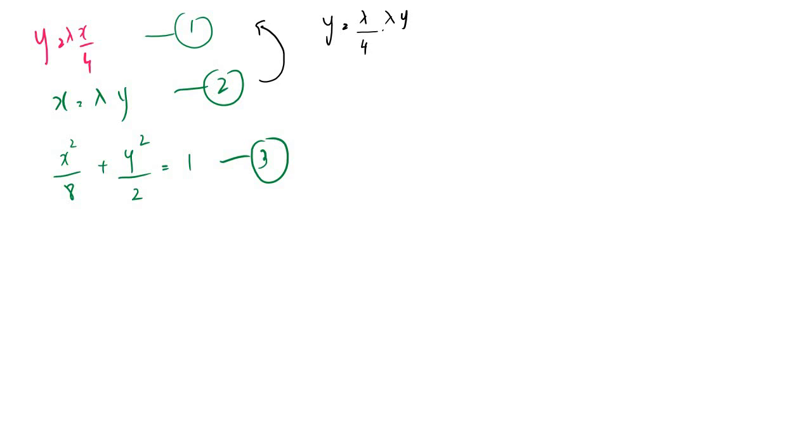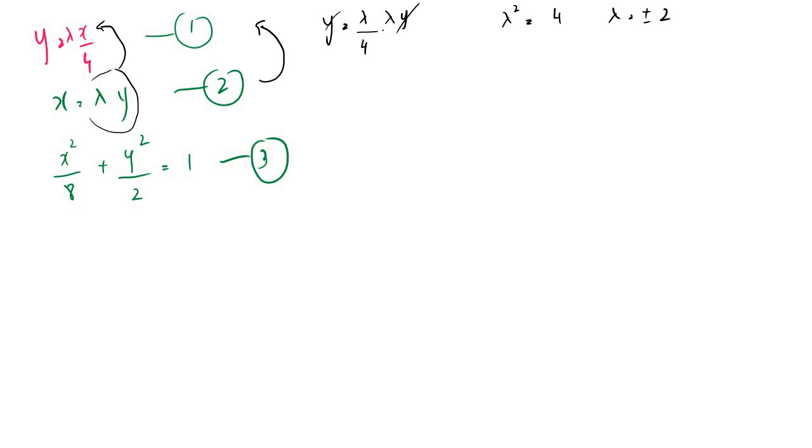So this lambda y was substituted for x. So we can cross off y here and we see lambda squared equals 4. So lambda is equal to plus or minus 2.